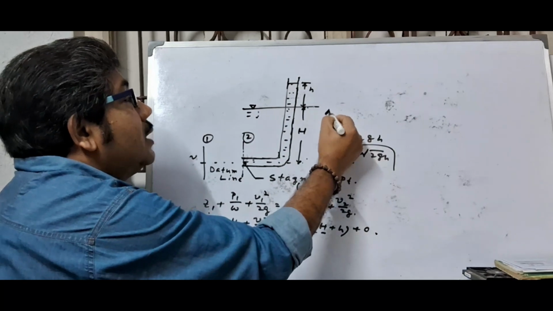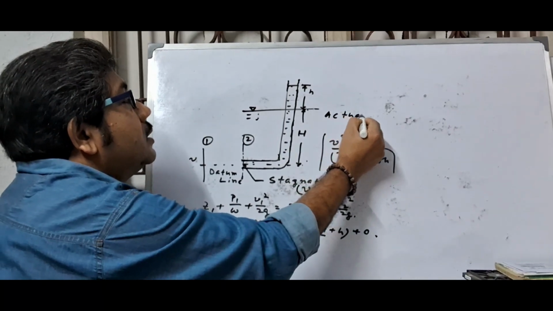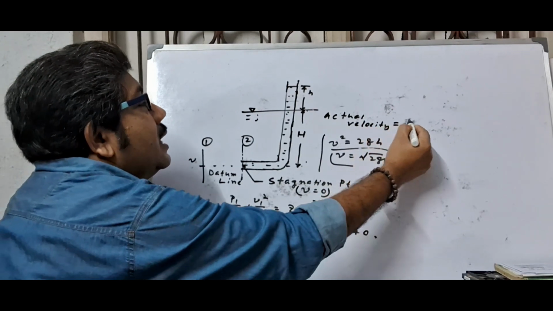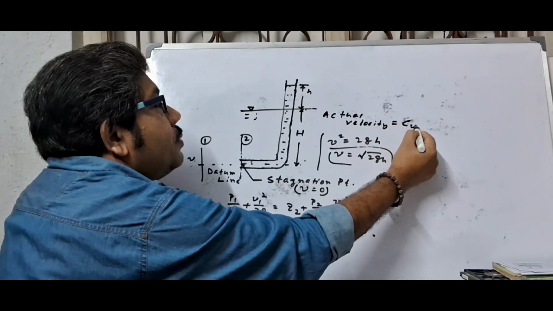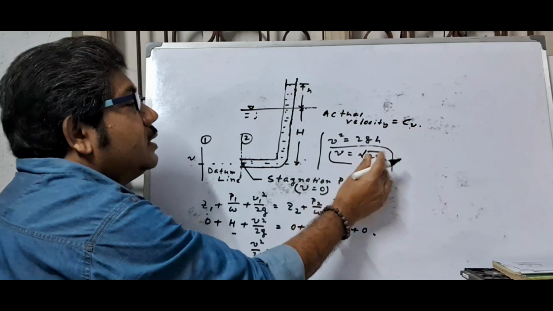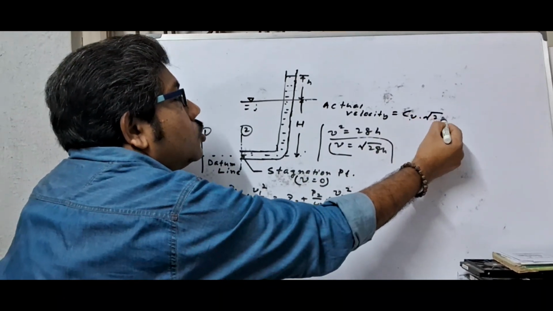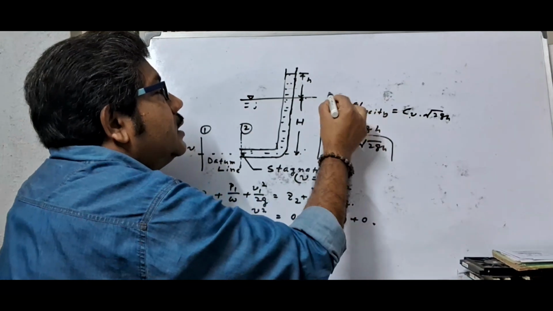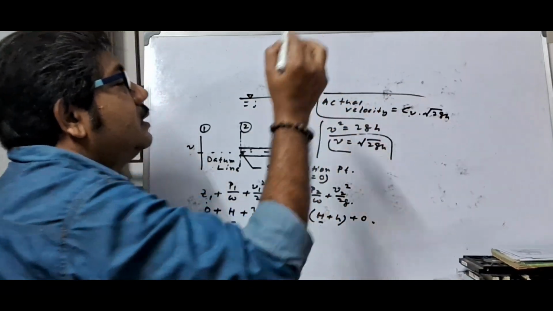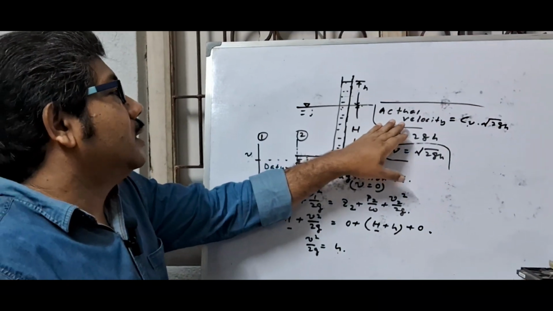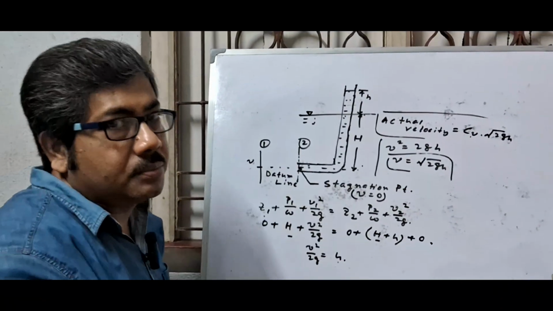So actual velocity will be the coefficient of velocity into theoretical velocity. So this is root 2gh. And this is the value of actual velocity which is measured by the Pitot tube.